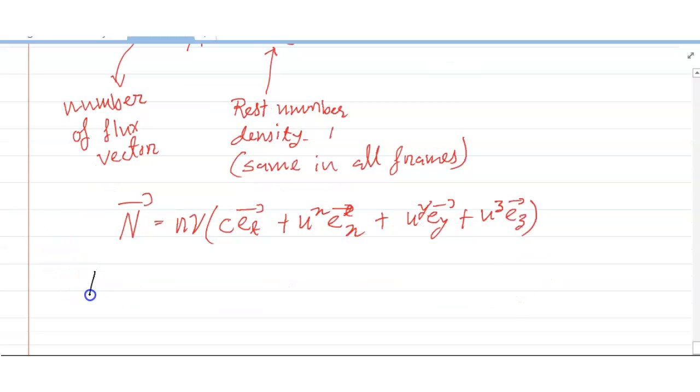Capital N equals n u, where n is the particle rest number density, the same in all frames.